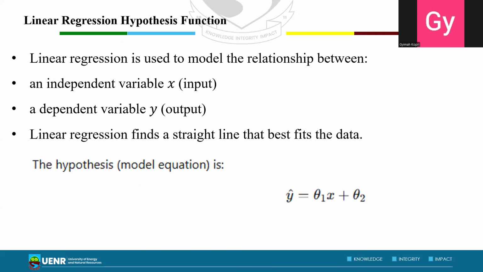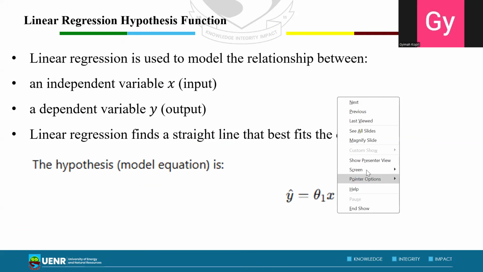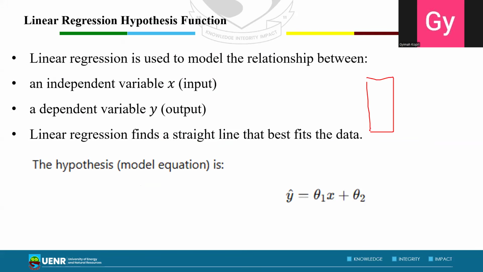Now, we went through something called linear regression, whereby we dealt with a table which had two columns, a dependent variable and an independent variable. We had y and x.